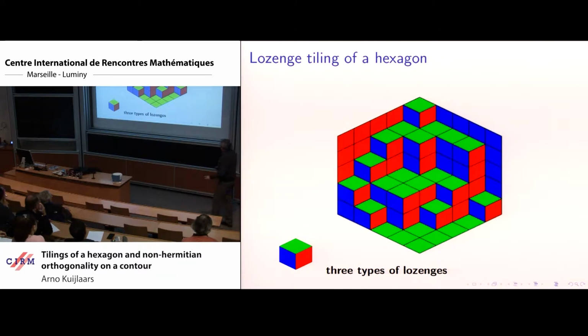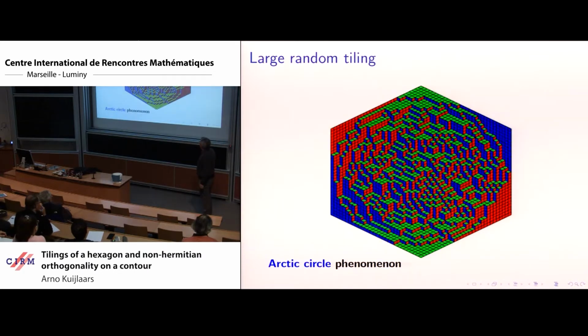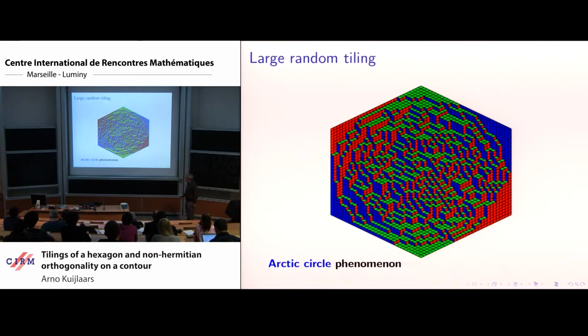And the most famous result here is that if you take a large random tiling, just uniformly at random, you see this curious phenomenon that was called the Arctic circle: near the corners of the hexagon the pattern is sort of fixed. That's the frozen region. And it's separated from the interior region, the liquid region, by a circle.